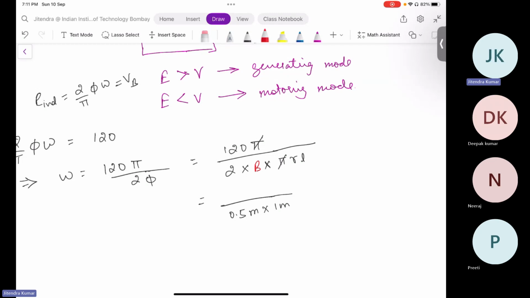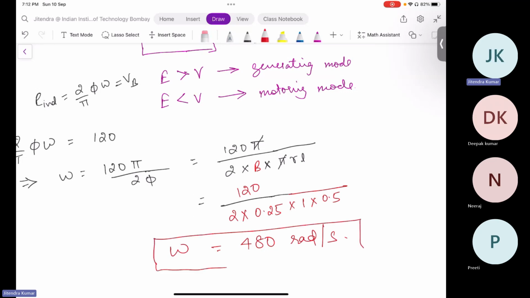So it is 120 divided by 2 into 0.25 into R into L. So it will come out to be 480 radian per second. This is the angular velocity at which the rotor will rotate at no load.